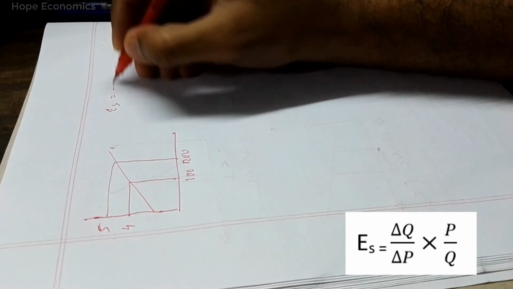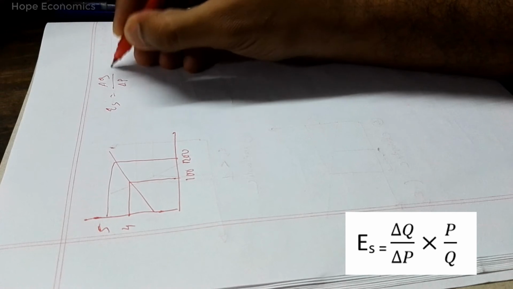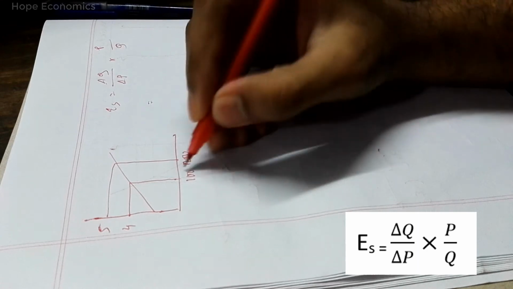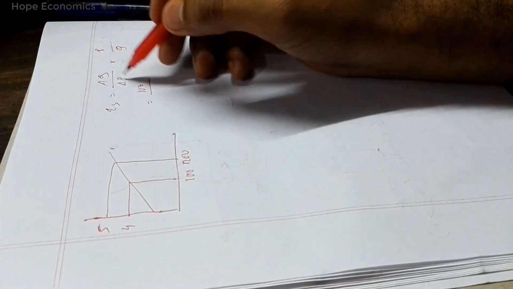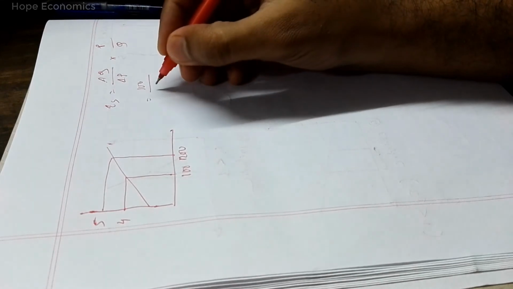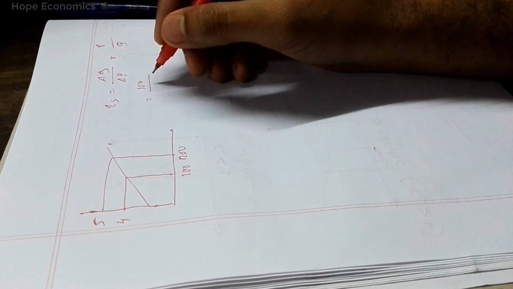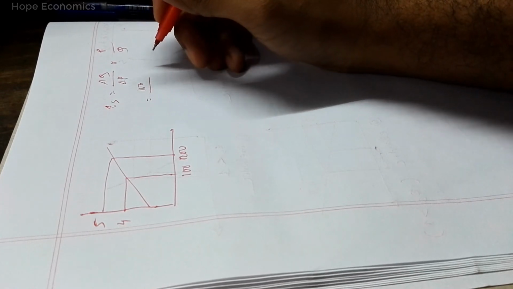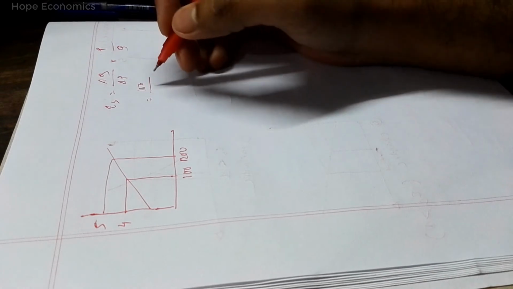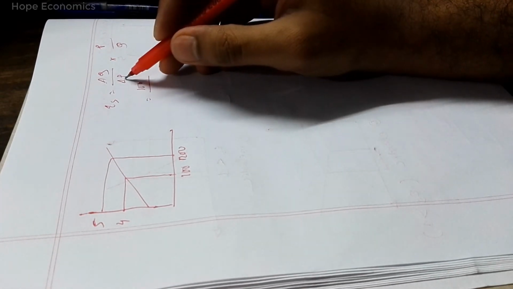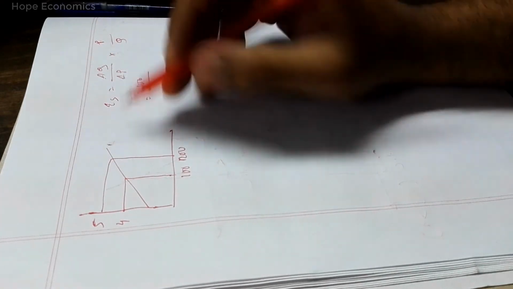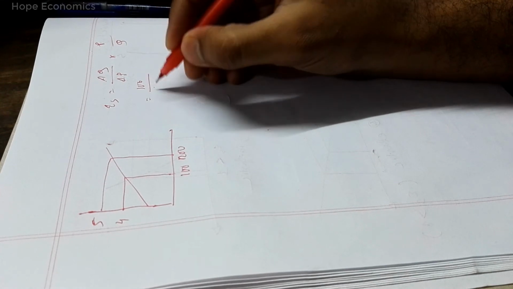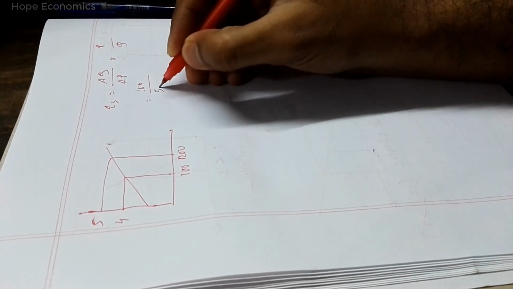Elasticity is equal to del Q by del P into P by Q. So what is del Q? Del Q is 200 minus 100, which is 100, and del P is 5 minus 4, which is 1.